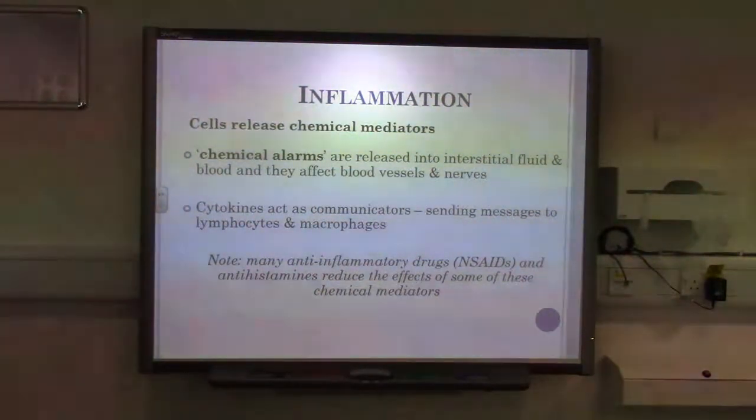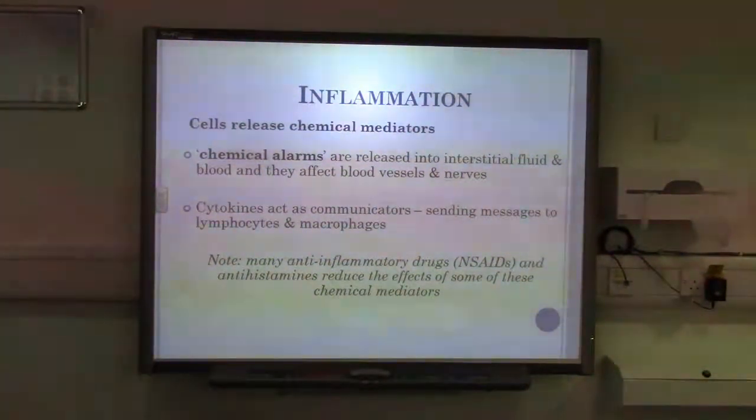So the important ones are leukocytes, lymphocytes, monocytes, macrophages. I should just point out that some of the chemical alarms are things like prostaglandins, histamine, leukotrienes, bradykinin, that are all required for that vasodilation and the different stages of inflammation.